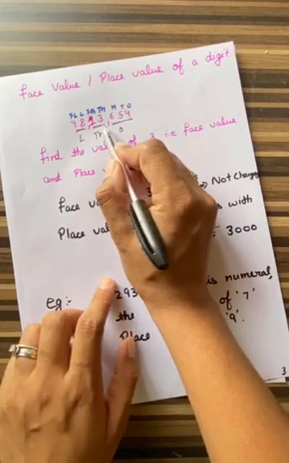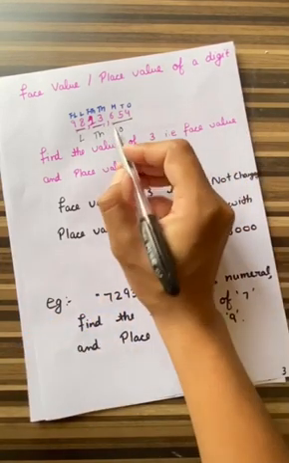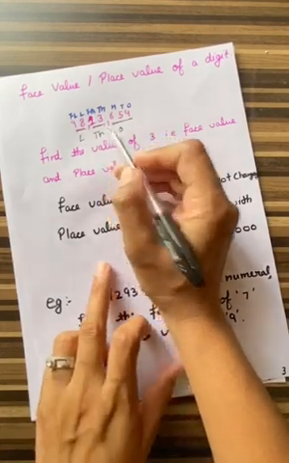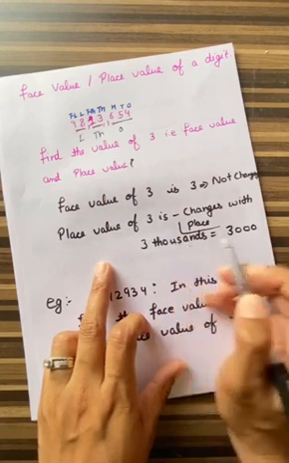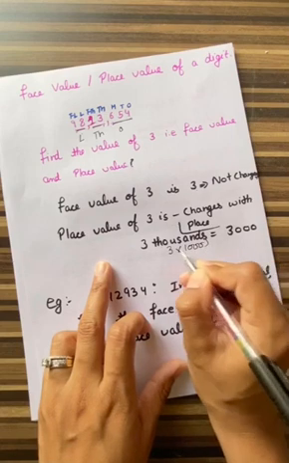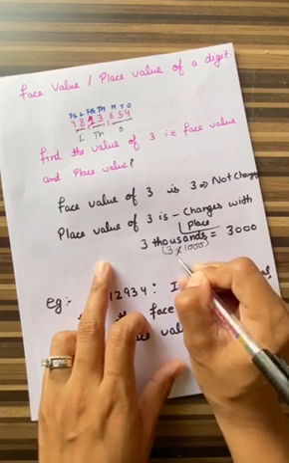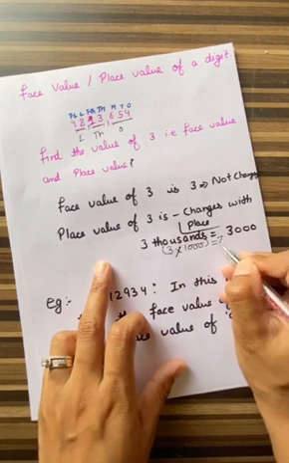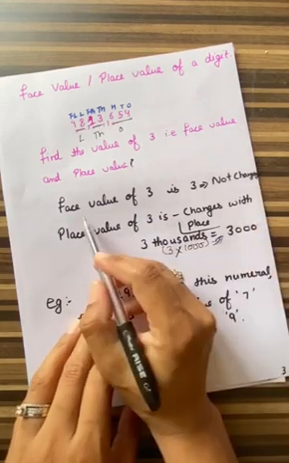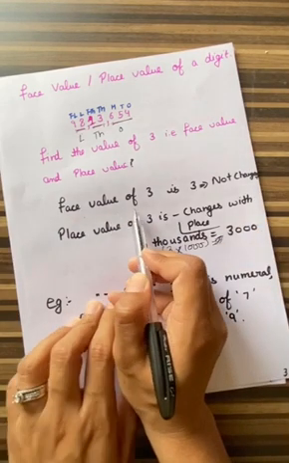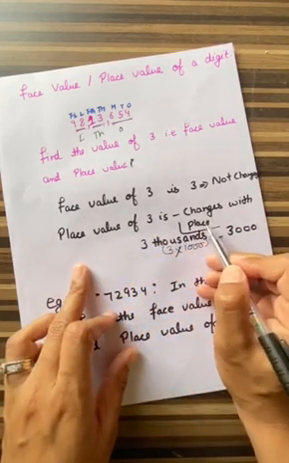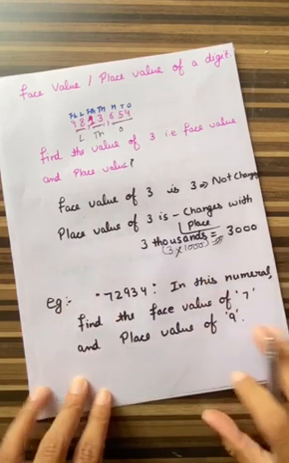In this number the 3 is placed at the thousands place, so the place value of 3 is 3,000, which we can write as 3 into 1,000, that is 3,000. So basically face value does not change with the place, but the place value of any number changes with its place.